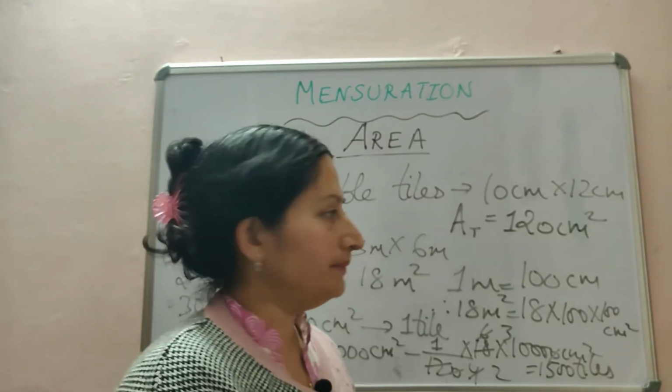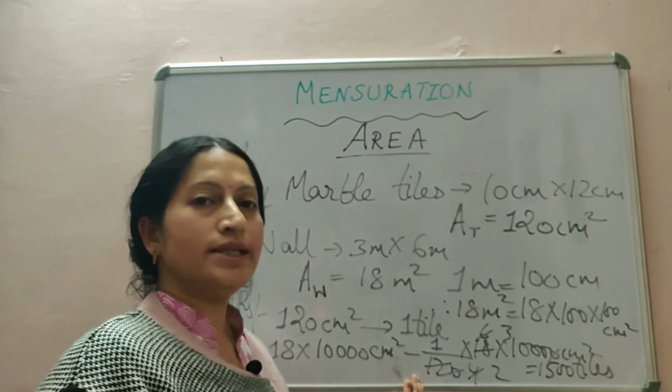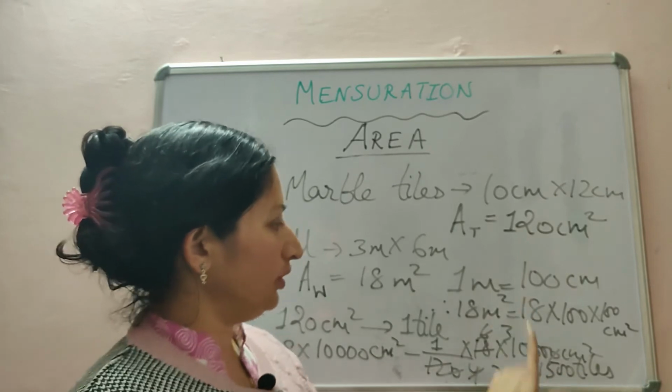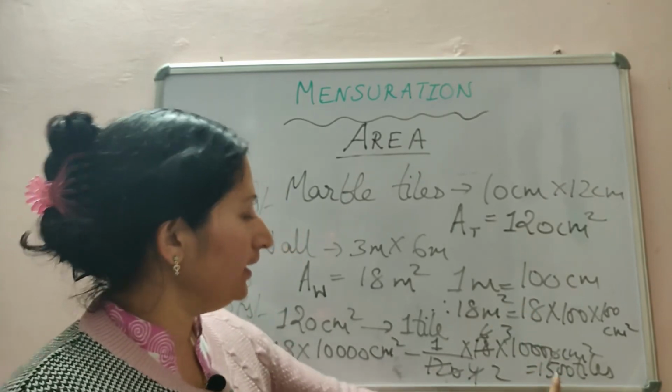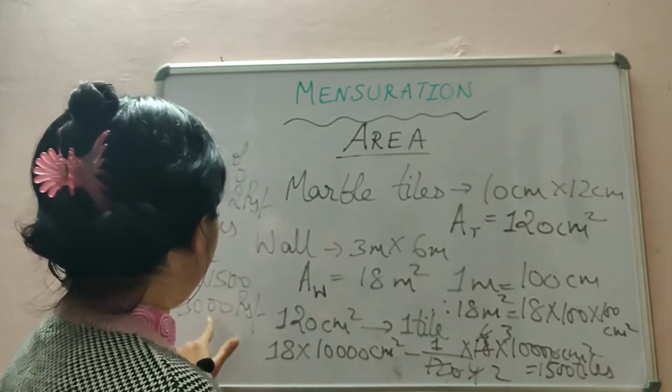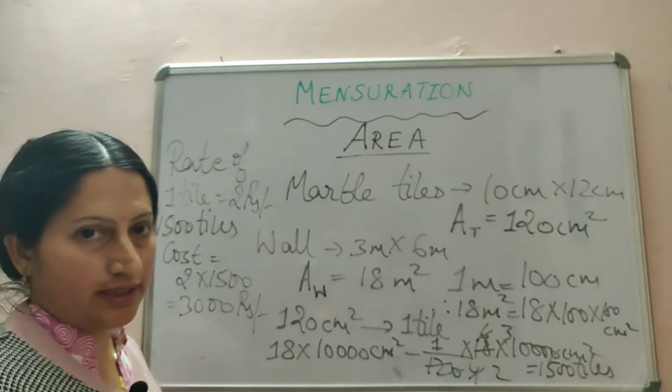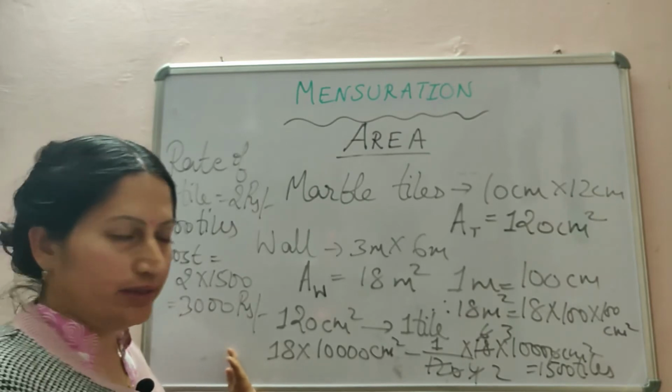So students, I hope this question is clear to you. The steps are clear to you that a total of 1500 tiles will be made, and the cost of tiling will be 3000 rupees.